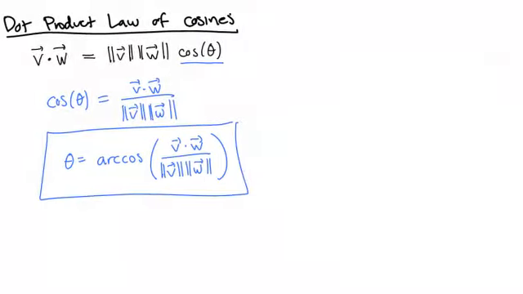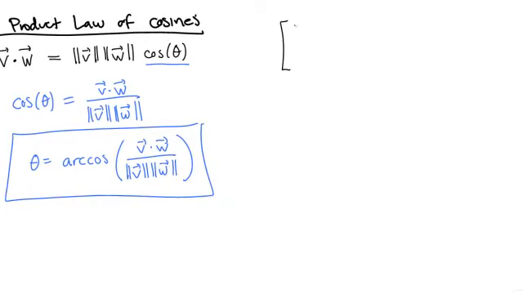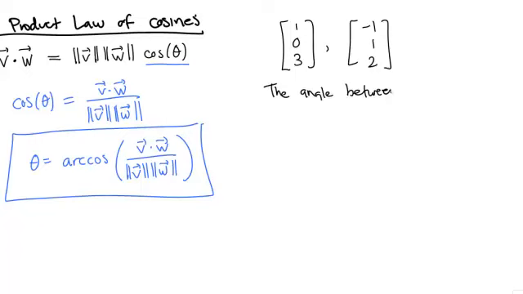So for example, if we had the vector 1, 0, 3, and we had the vector minus 1, 1, 2, then the angle between these vectors would be the arc cosine of their dot product.